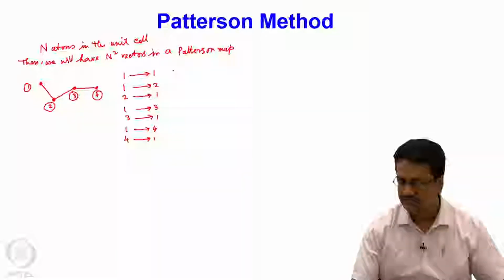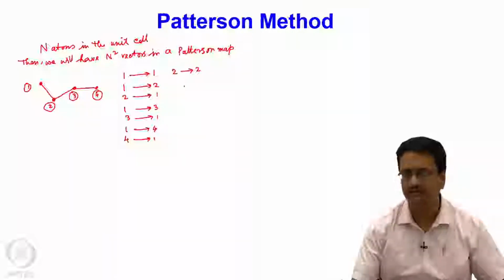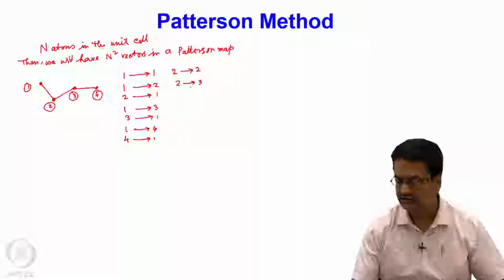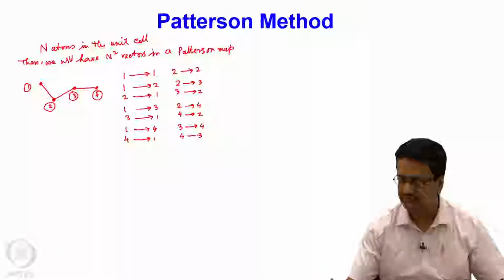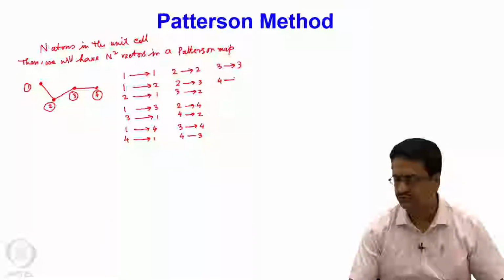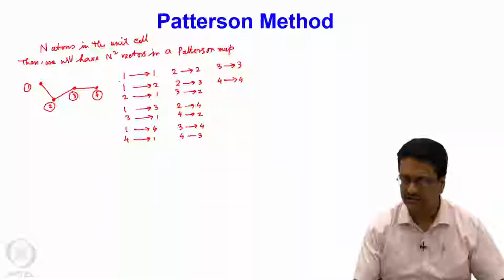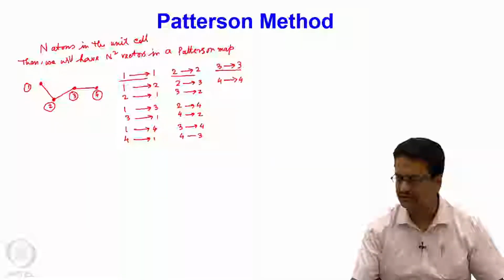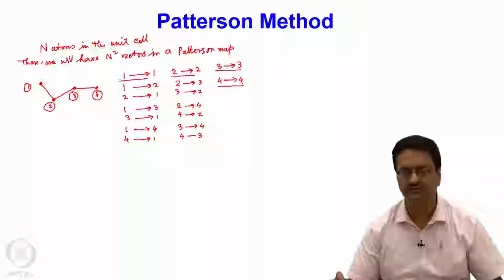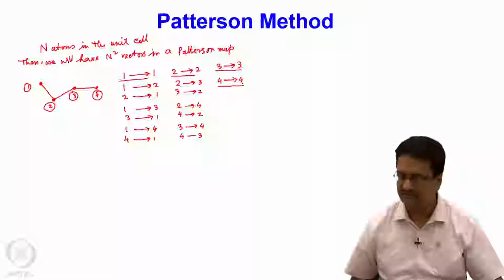Like that, we should have 2 to 2, the other self vector, 2 to 3 and 3 to 2, 2 to 4 and 4 to 2, and you should have 3 to 4 and 4 to 3. So, we have in addition 3 to 3 and 4 to 4. So, what we see, there are 4 self vectors of length 0. So, they will all appear at the origin.